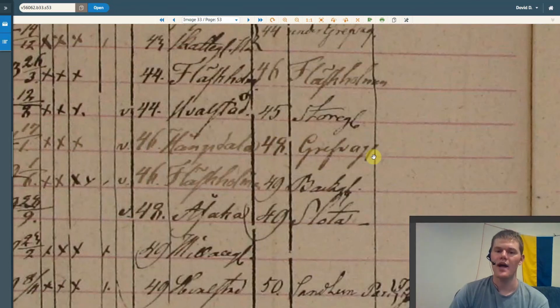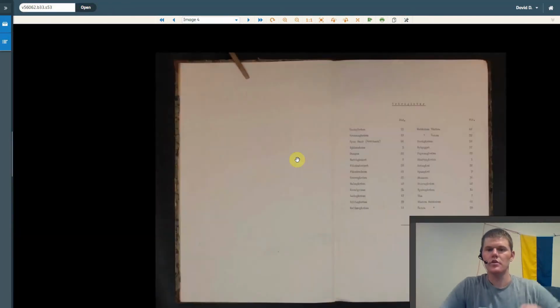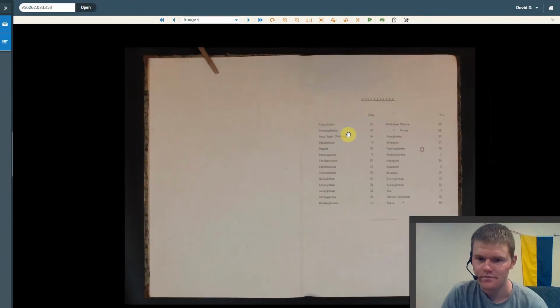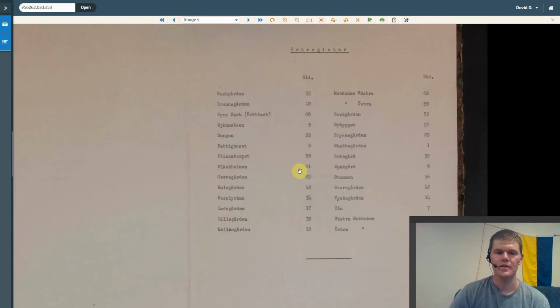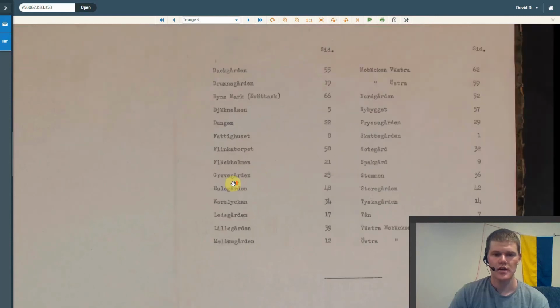And then that will have this farm as well. And this same household examination book covers 1848. And so what we're going to do is we are going to go to the index. So this is the index of the book. And so then we look for that village. And here it is right here.